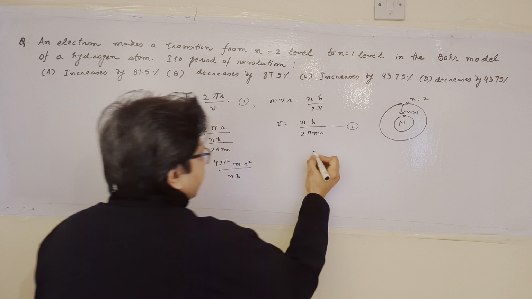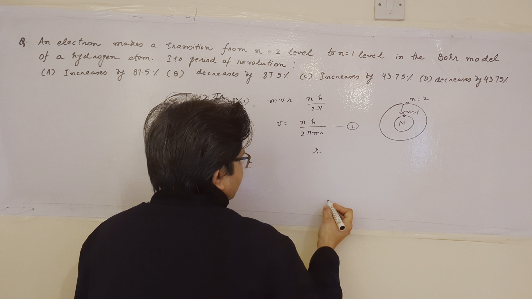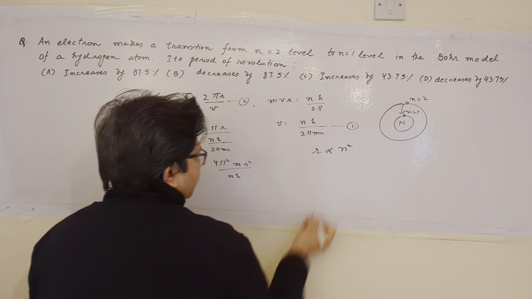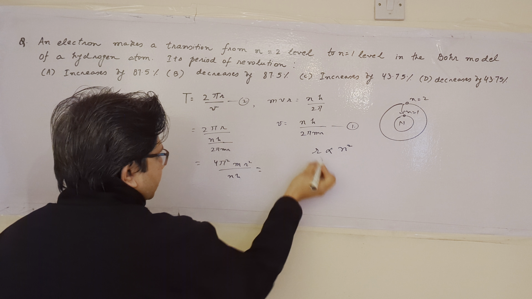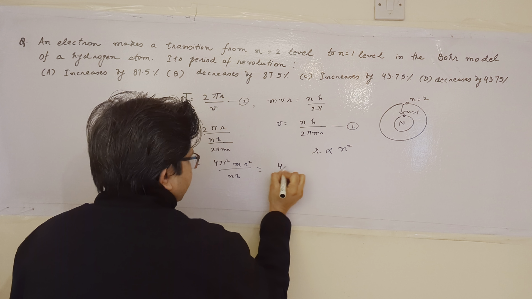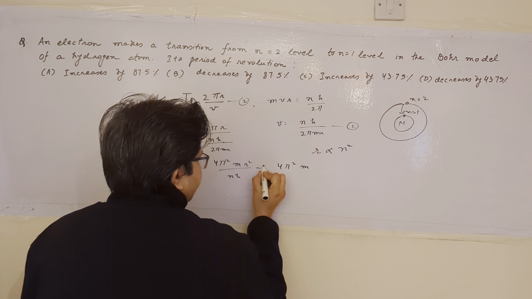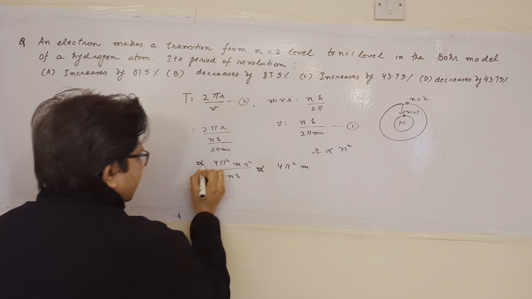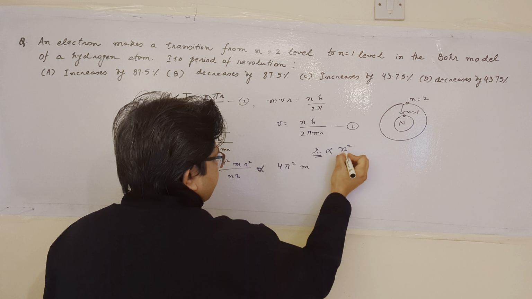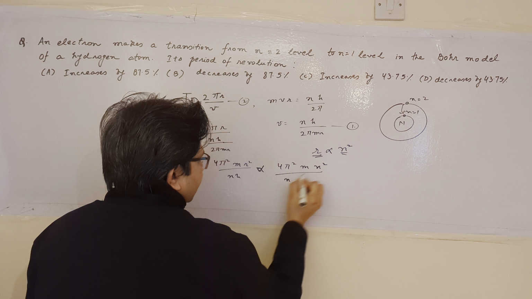Now we also know that the radius of the orbit of the movement of the electron is directly proportional to n square, that is the number of the orbit. So we put this concept here. So 4 pi square m, and if we take the things in direct proportionality, then we can put this value of r as n square here upon nh.